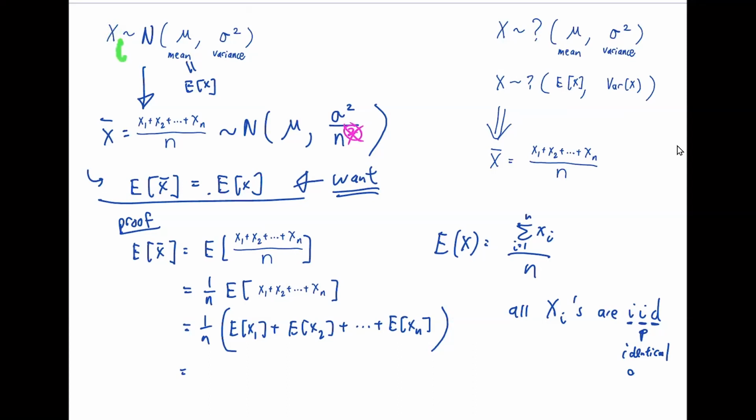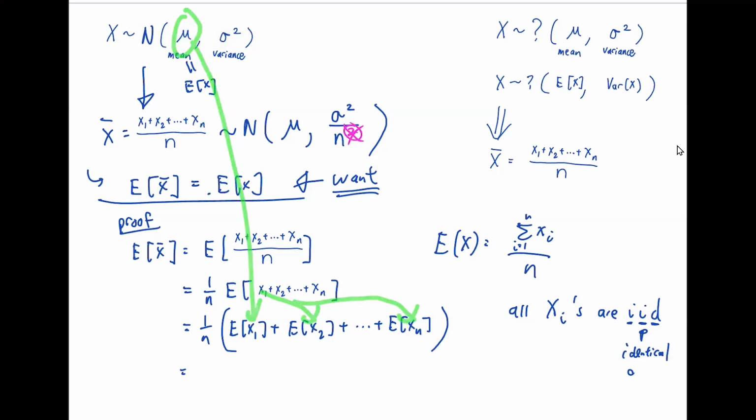So x1, x2, x3. If you start off with a normal, it will be normal for every single distribution. And identical here means that not just the normal distribution is the same, but the mean and the sigma square are also the same. In particular, the mean is the same for every single one of these.